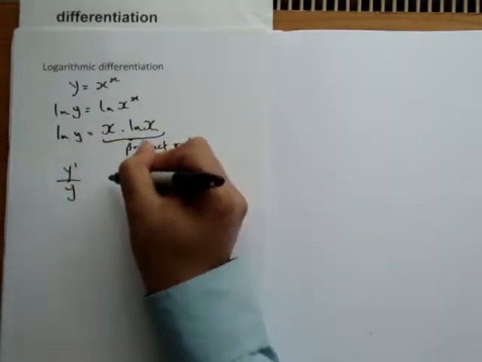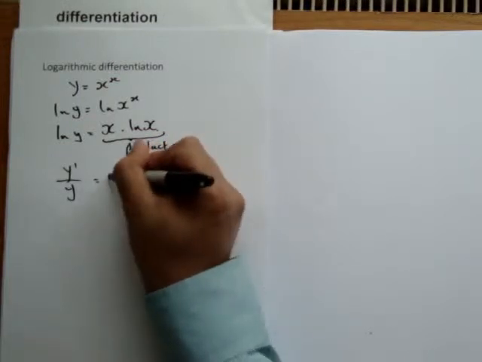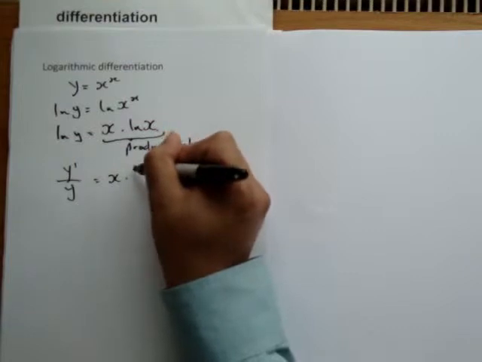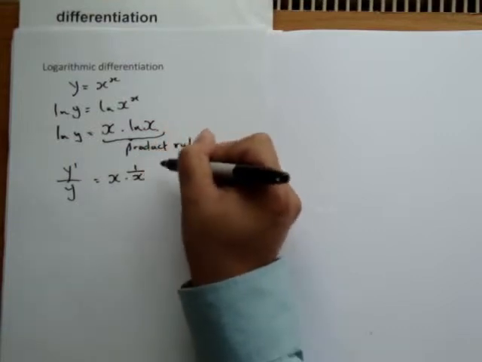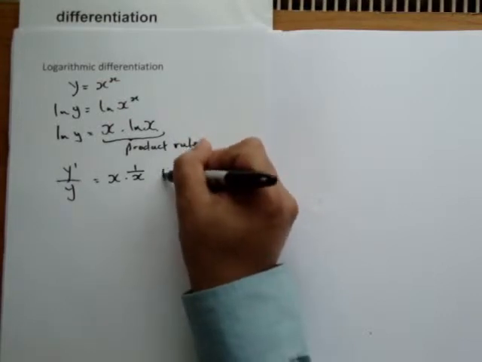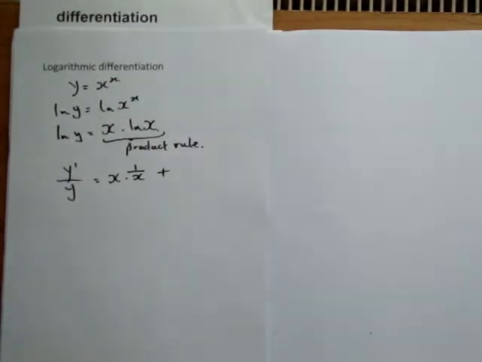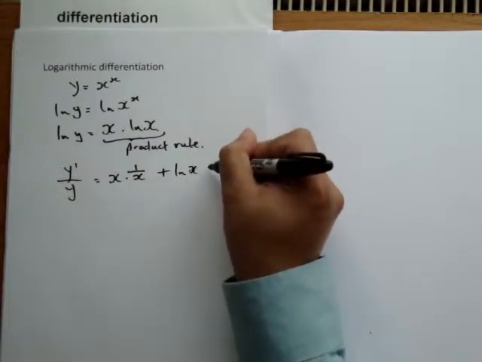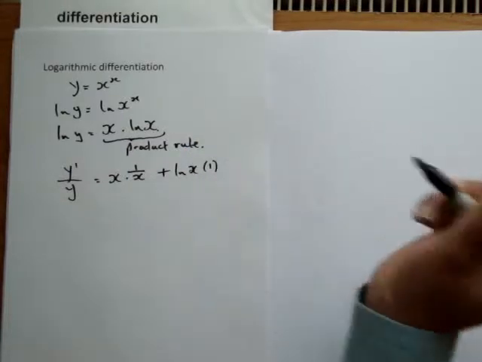So y prime over y equals the first multiplied by differentiating the second, which is natural log of x becomes 1 over x, plus the second, which is natural log of x, times the derivative of the first, which is 1.